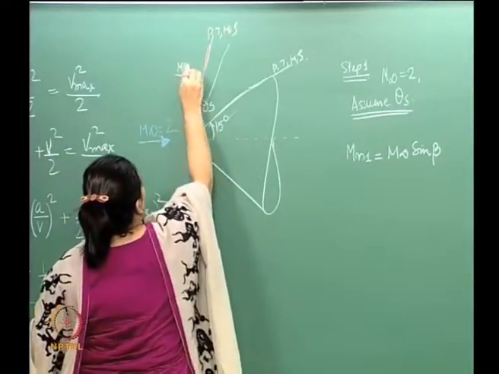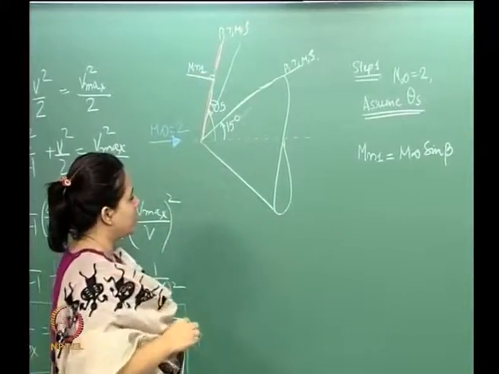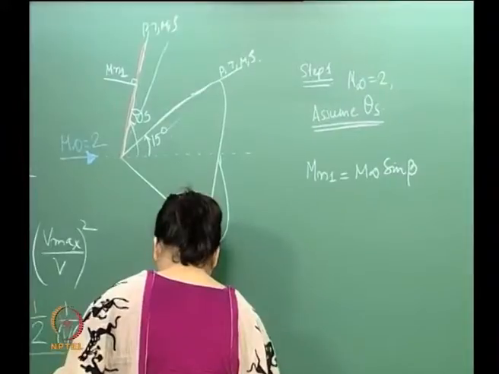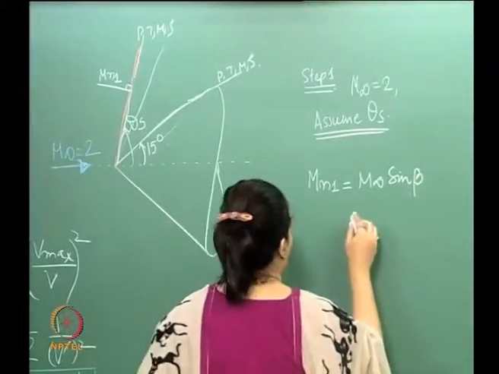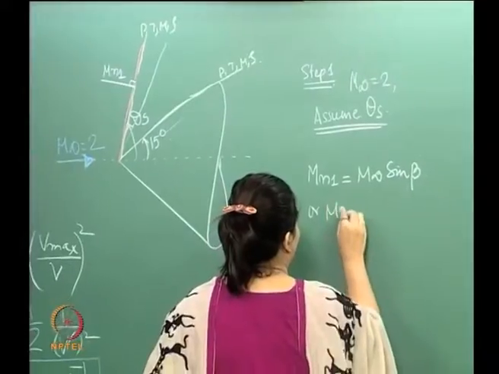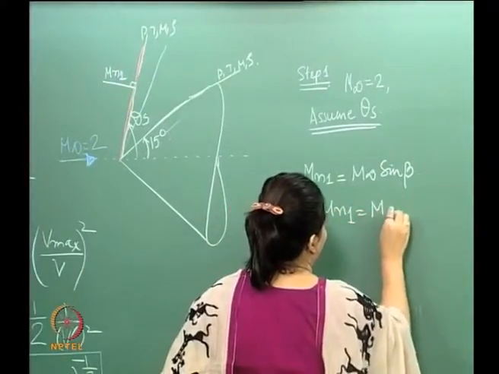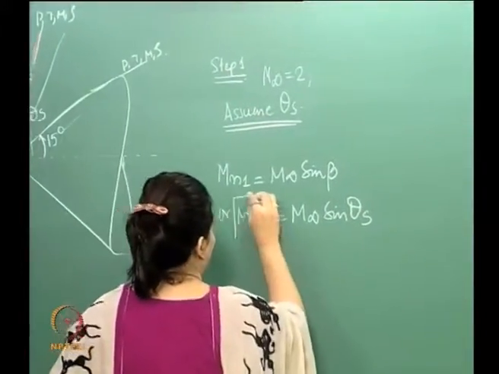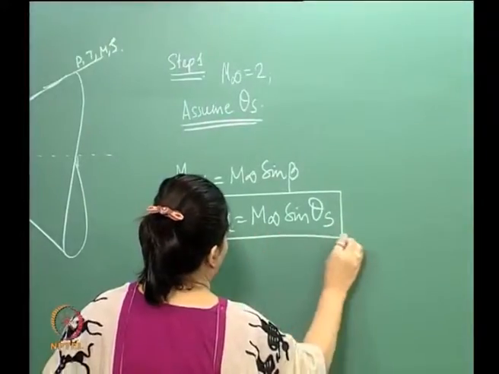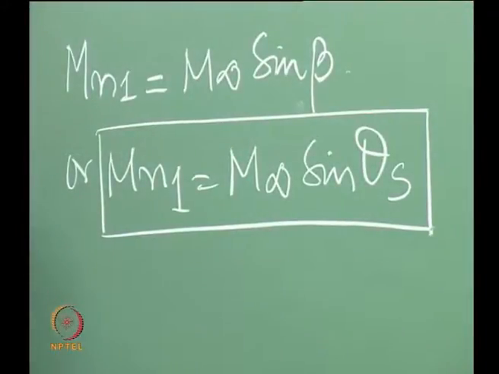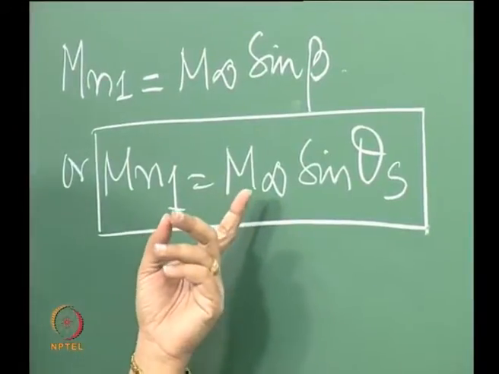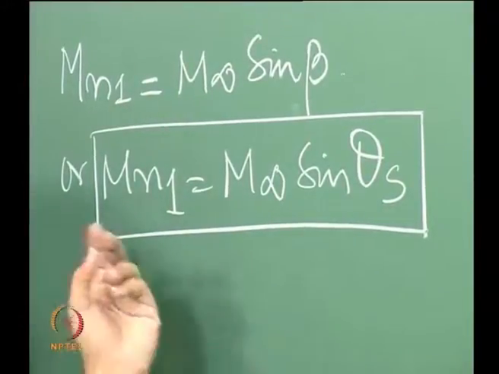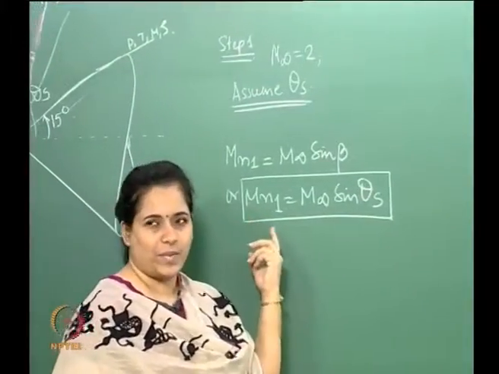So, Mn1 is M infinity times sine beta, which in this particular case is sine theta s. Now M infinity, the free stream Mach number, is given as 2, and theta s is something that we have assumed. Therefore, I get a corresponding Mn1.